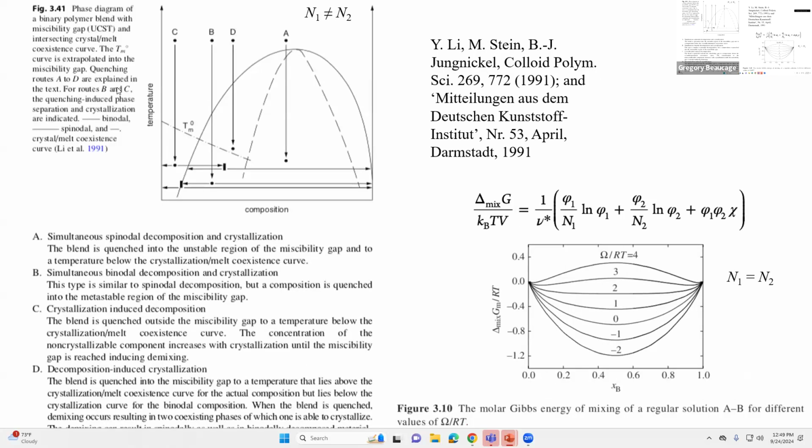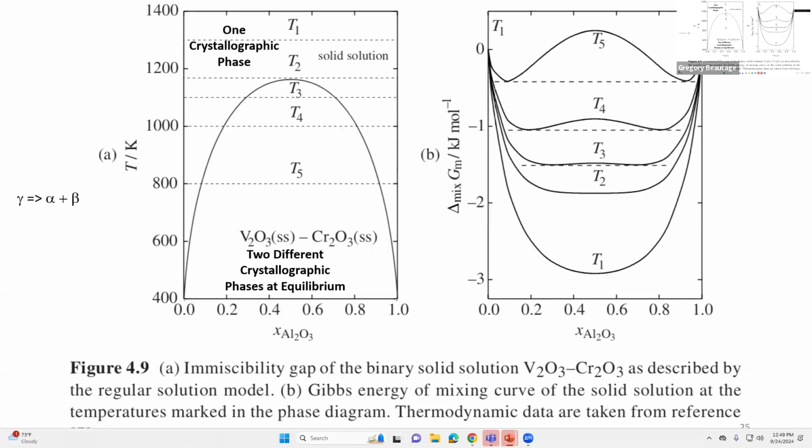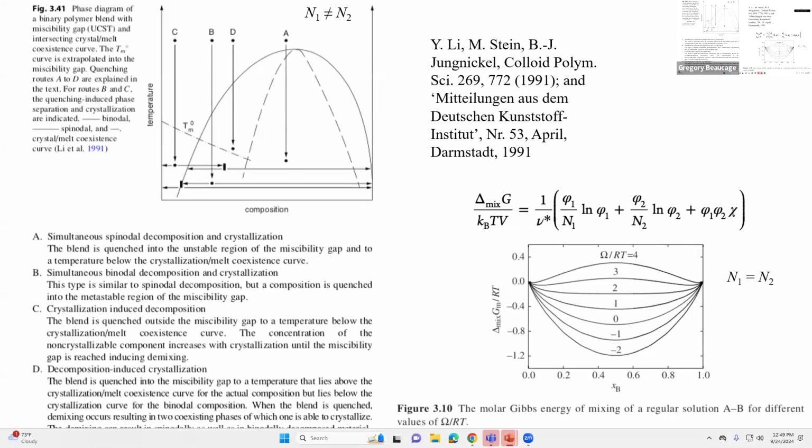But this is showing two polymers. It's a mixture of two polymers. One has a different molecular weight than the other, which is why it's shifted over to the right. It's showing the same phase diagram, but one of the polymers can crystallize.